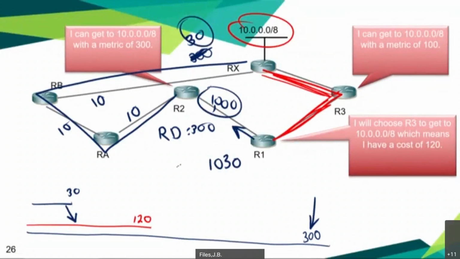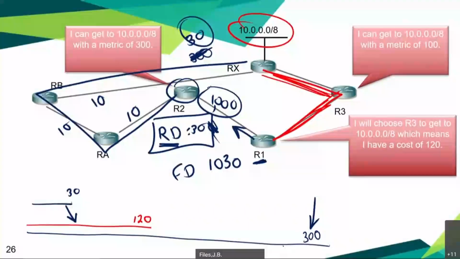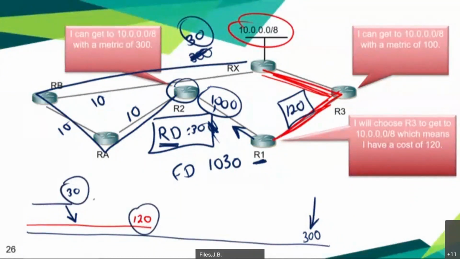That's the feasible distance. That's the distance that R1 would feasibly have to go through if it used that link. The reported distance by R2 is 30. So R2's distance is less than our best metric. Because this is so much smaller than this, that one is not looping through. So it's not a loop. So we can use that as a backup route.